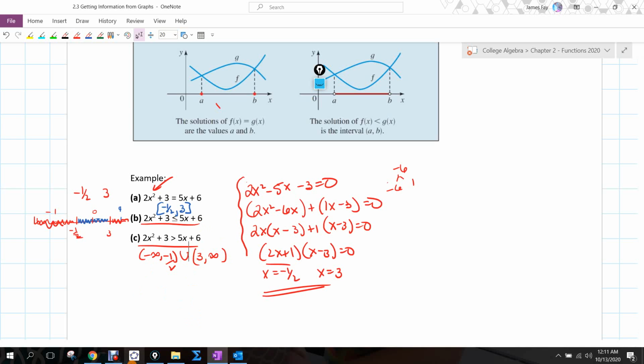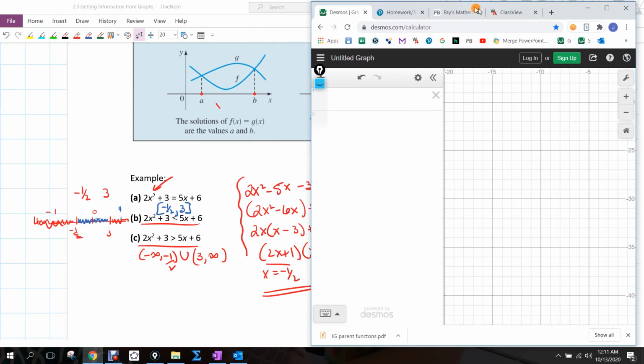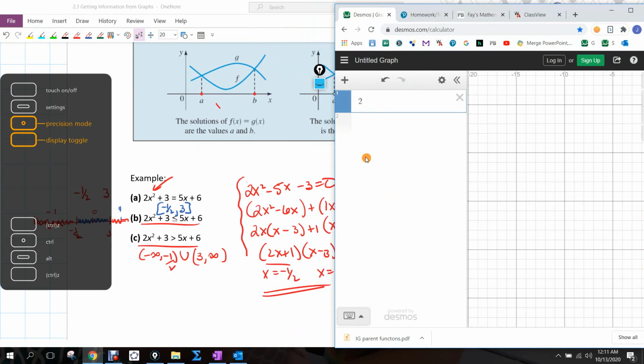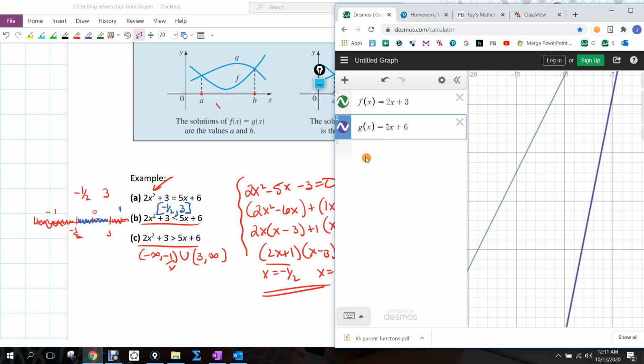And let's just see real quick with a graph if that is validated. So if I say f of x equals 2x squared plus 3, and g of x is equal to 5x plus 6.